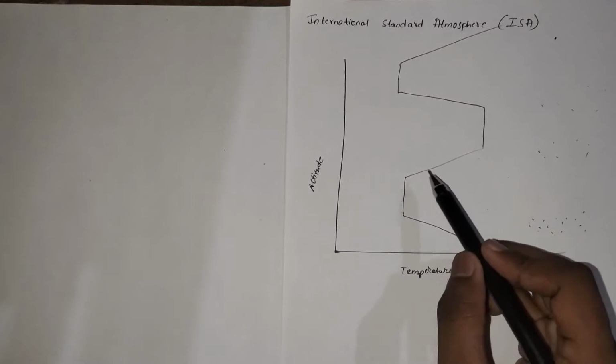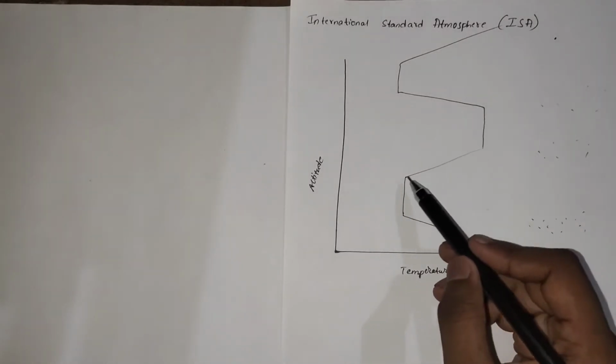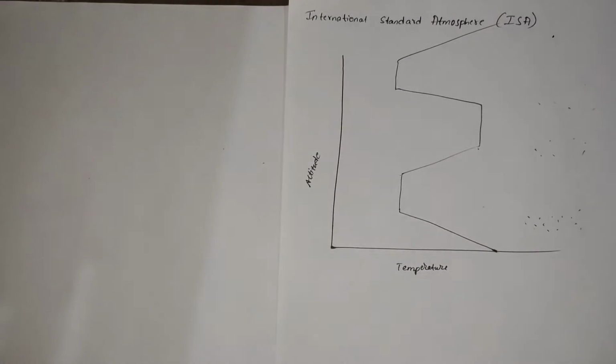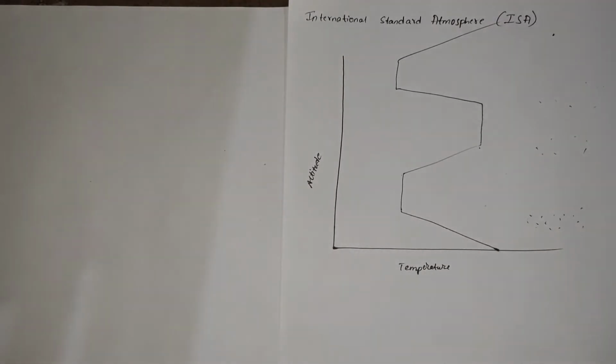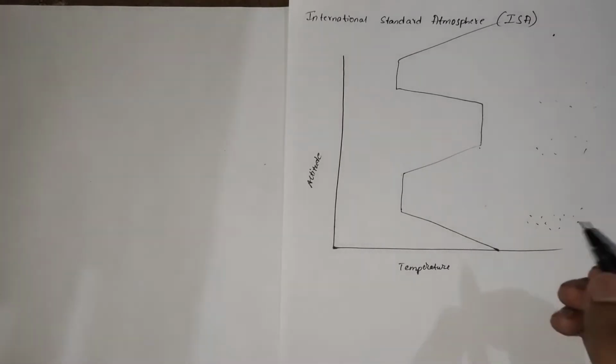And there are some cases between altitudes where the temperature increases from a certain region to certain heights. So I'll draw the graph first between temperature versus altitude and the regions between which the temperature changes will be there.